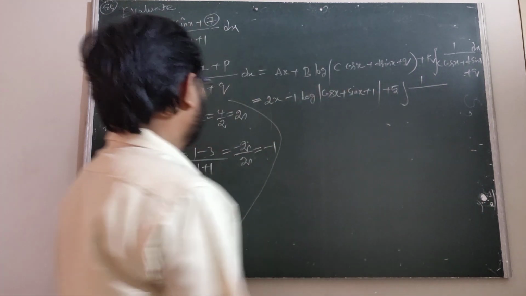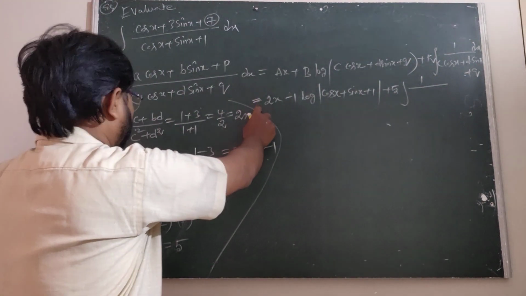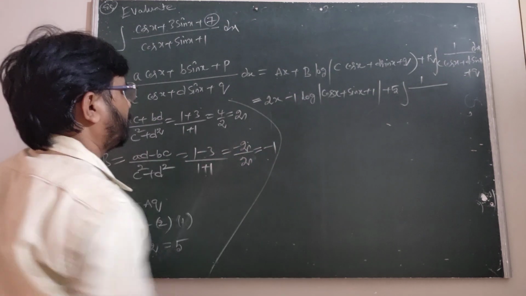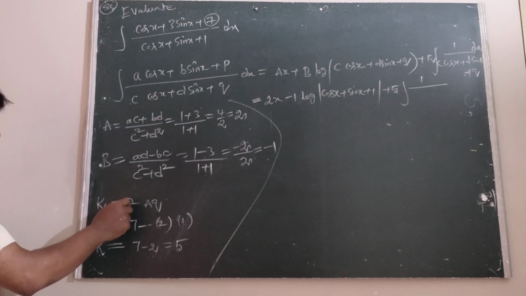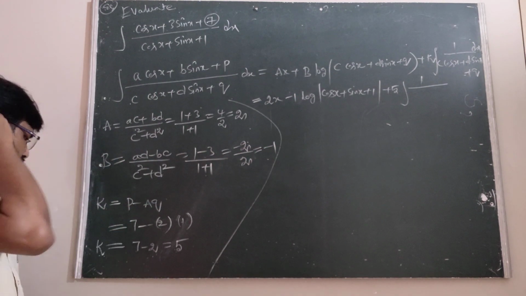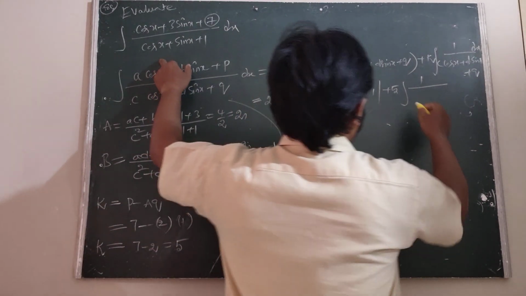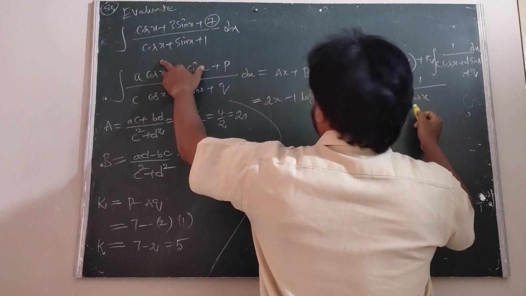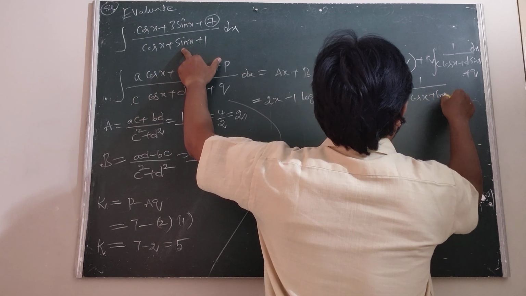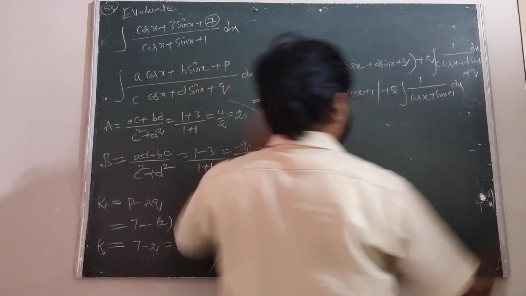Okay, is it clear? K is p minus aq, that is 7 minus 2, which is 5, into the integral of 1 upon (cos x plus sin x plus 1) dx.